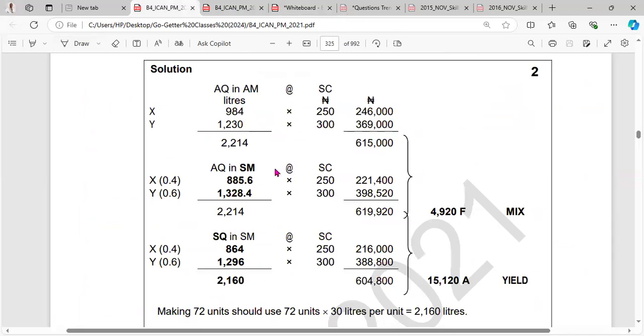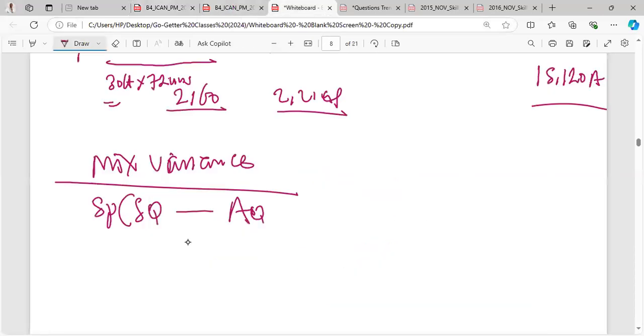Actual quantity in standard mix. I think I'm doing something wrong here. I need to change this again.